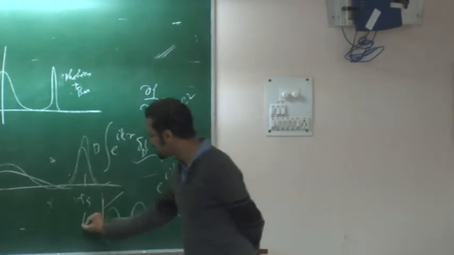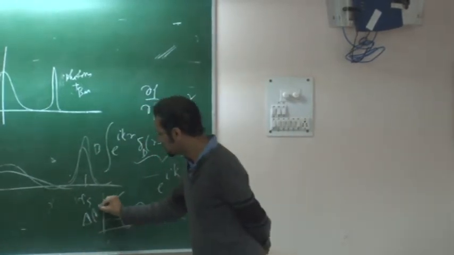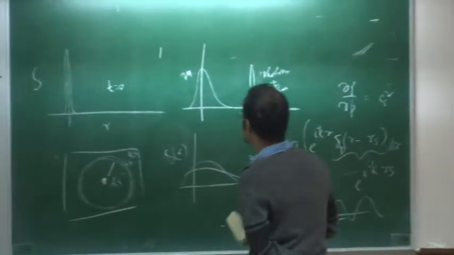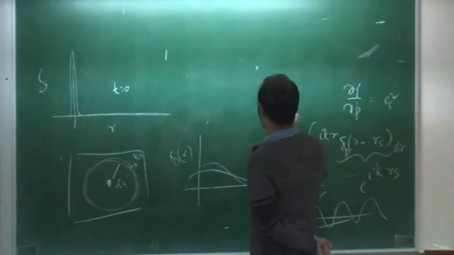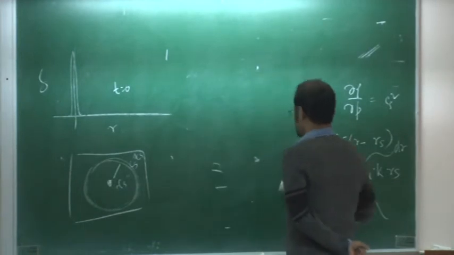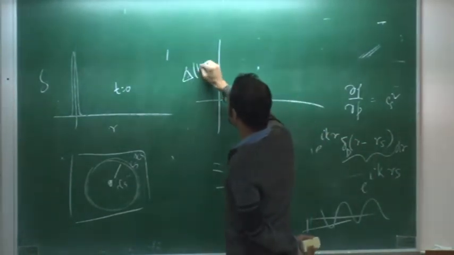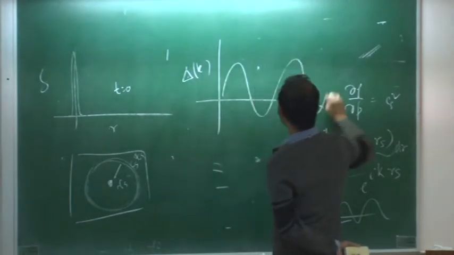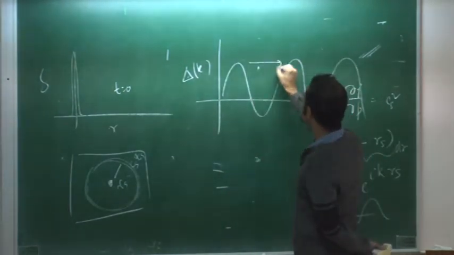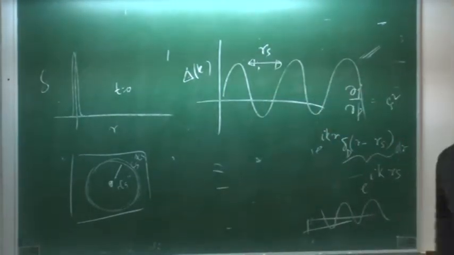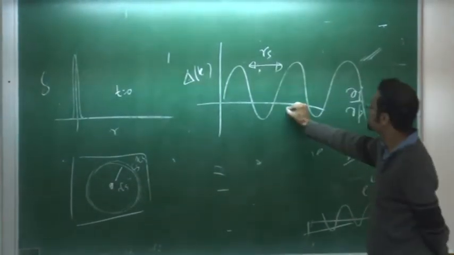So if you look now, delta of k, this is an oscillation, so let me plot it nicely. In that same picture, if I plot delta of k now, it's going to be an oscillation, and this is the radius Rs in k space.